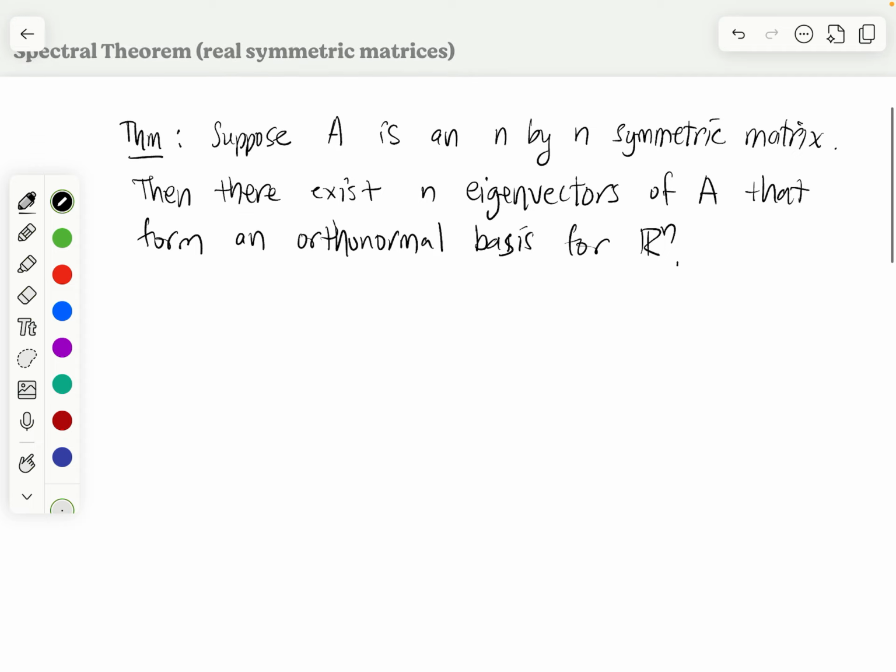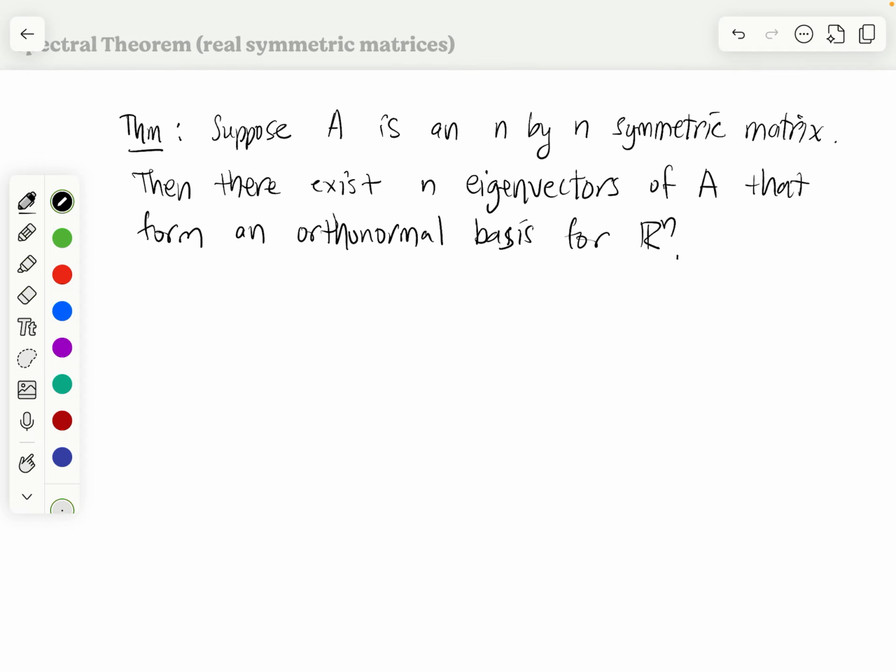Well, before we get to an example, let's think about what happens if you choose these n eigenvectors that form an orthonormal basis for Rn. Let's call these vectors u1 through un.